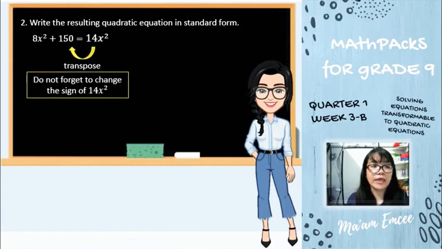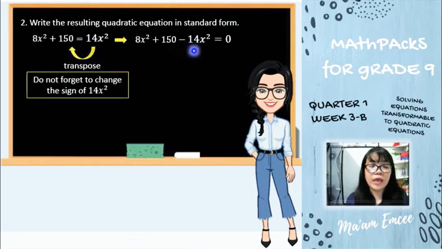But again, do not forget to change the sign of 14x squared. Since 14x squared here is positive, when we transpose it to the other side, it will become negative. So we copy first 8x squared plus 150, then we transpose 14x squared to the other side. That is why it became negative 14x squared. And what is left on the right side is just equal to 0.